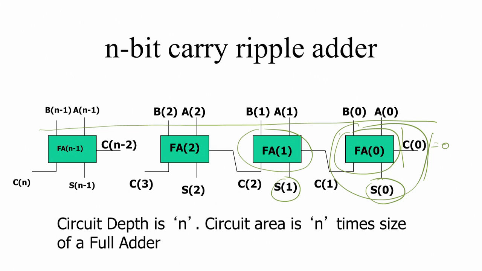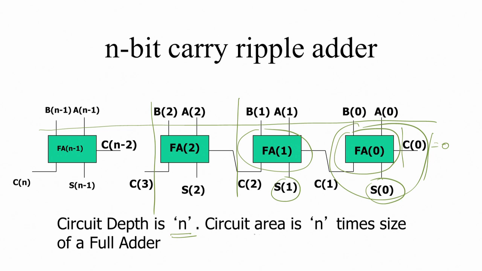Now you remove all the elements of full adder 0, then only full adder 1 will become free, because there is a carry line coming here. Then when I remove the elements of full adder 1, full adder 2 will come and so on. So the depth of this circuit is n. If you do a topological sorting, we will see that it is n or some constant times n.